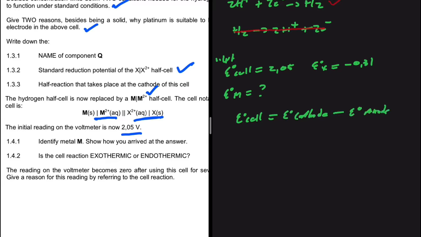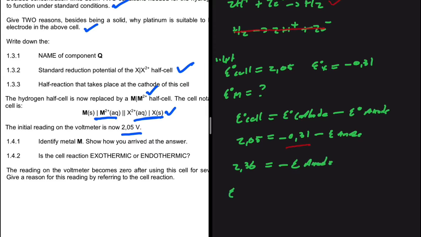So the EMF of the cell is 2.05. At the cathode we have X, so that is going to be minus 0.31, minus the reduction potential at the anode. So we take minus 0.31 to the left hand side. We're going to have 2.36 being equal to minus the potential at the anode.